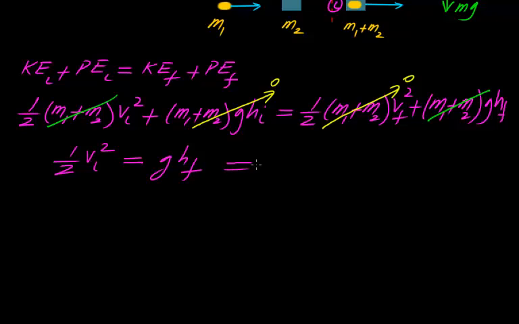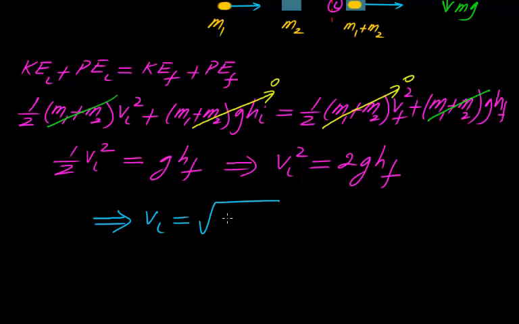Multiply both sides of the equation by 2, and you end up with v initial squared equals 2 g h final. Taking the square root of both sides, you end up with v initial equals the square root of 2 g h final. Solving for v initial, we obtain 1.53 meters per second.